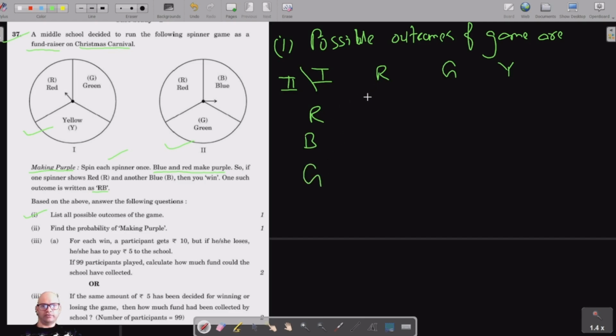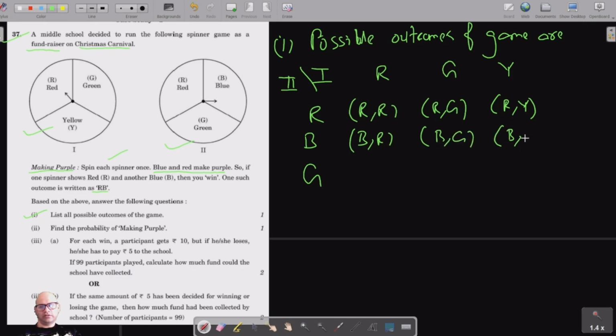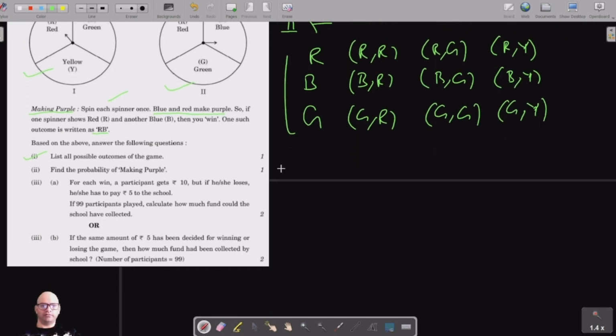Now the possible outcomes are red, red; red and green; red and yellow; blue, red; blue, green; blue, yellow; and then green, red; green, green; and green with yellow. So these are the possible outcomes.